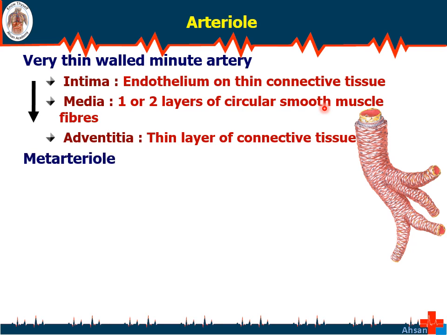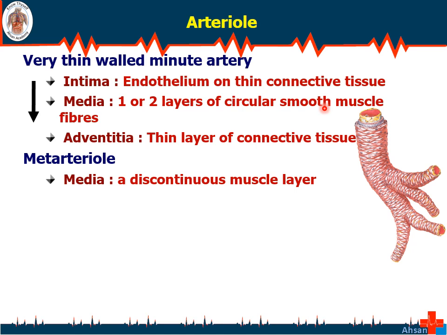Gradually the muscle coat reduces in size, and the layers reduce. When it becomes one continuous layer, it is still an arteriole. But when this only layer becomes rarefied and the smooth muscle cells separate from one another, this is known as the metarteriole.